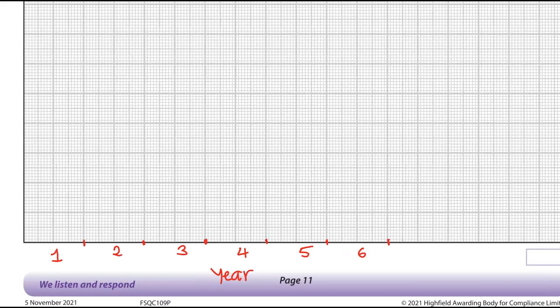So horizontally, we'll show the years. So if we do year 1 here, year 2, year 3, year 4, year 5 and year 6. So keeping the same width for all of the years.